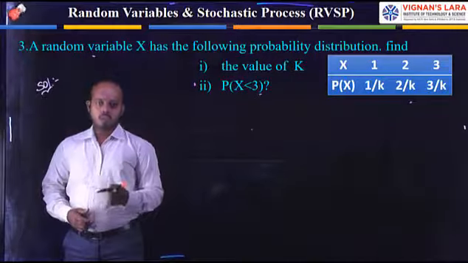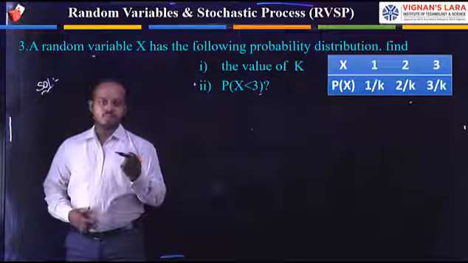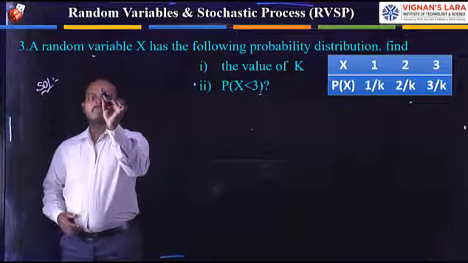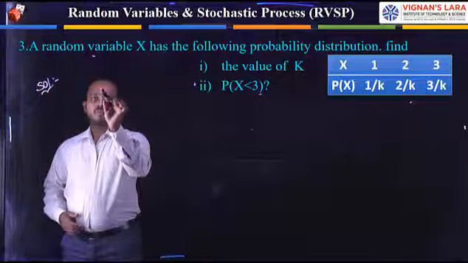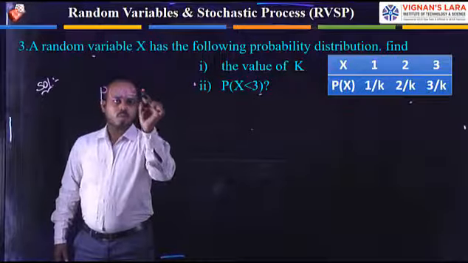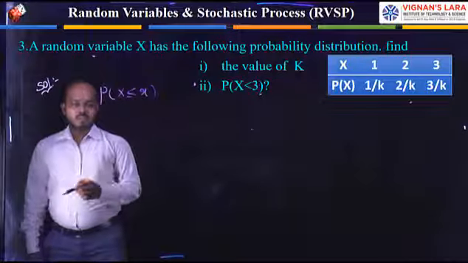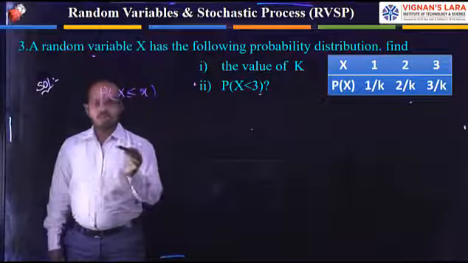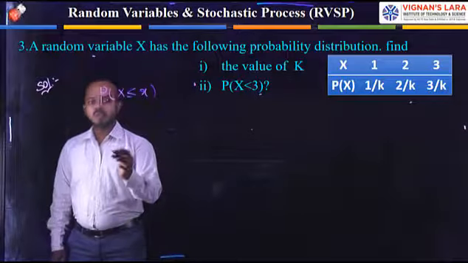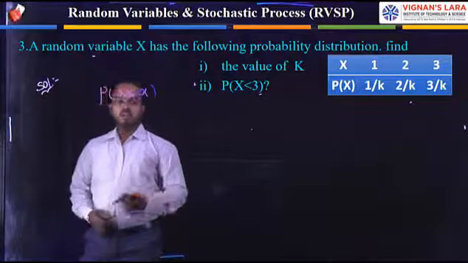We already know that the probability distribution is represented mathematically as the probability of capital X less than or equal to small x. That is the mathematical representation for the probability distribution function. But here the distribution function values are given, and he is asking us to find the value of k.